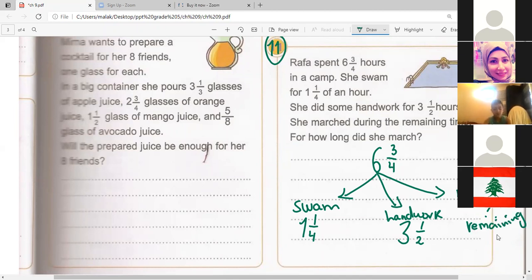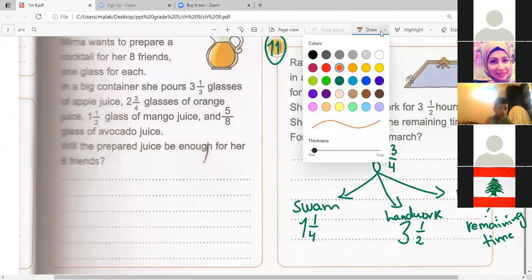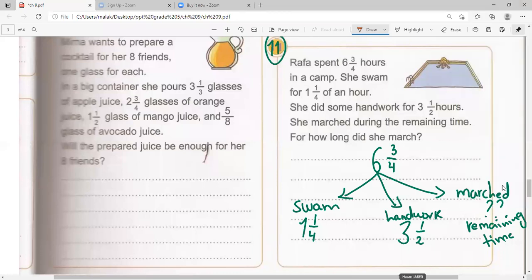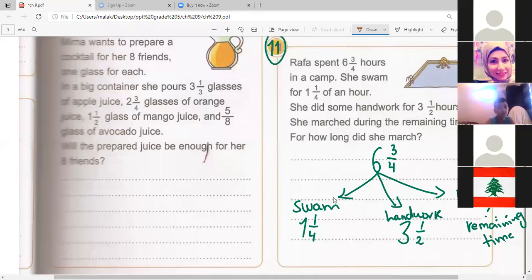Teacher, can I do it? Minus. What shall I do first? Before you start subtraction, we don't know how many hours she spent in swimming and handwork activity.